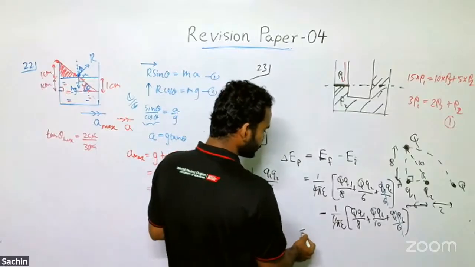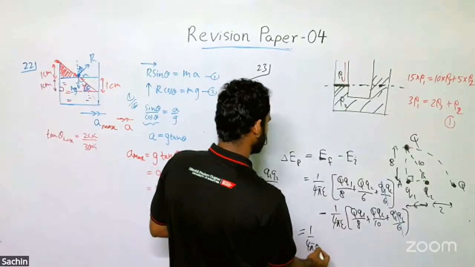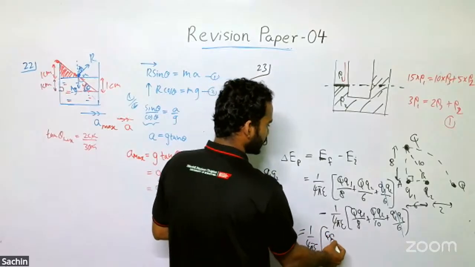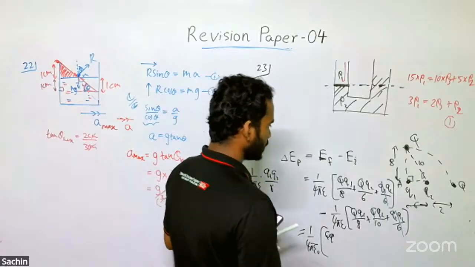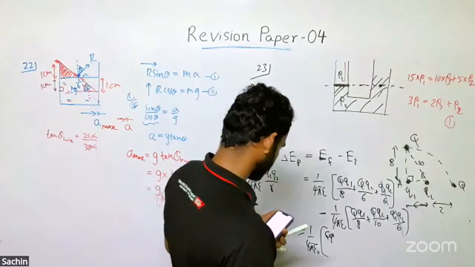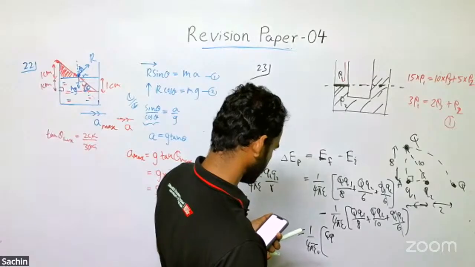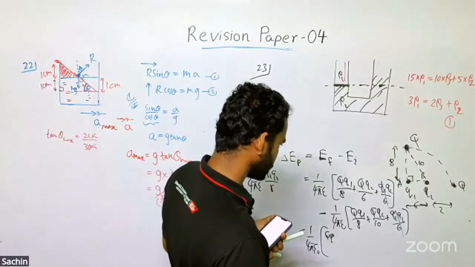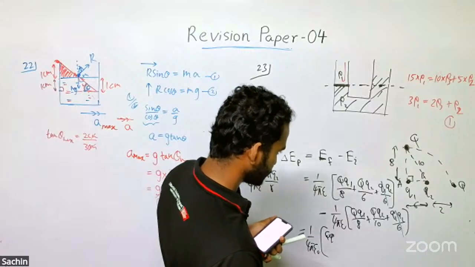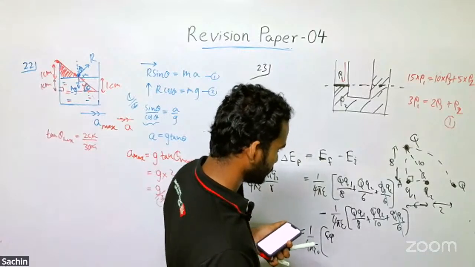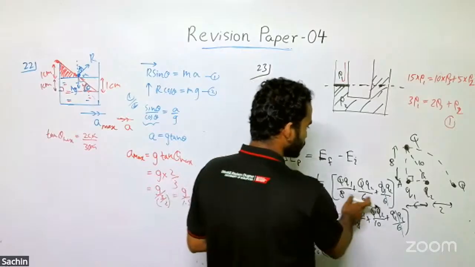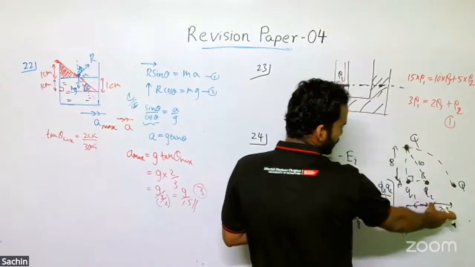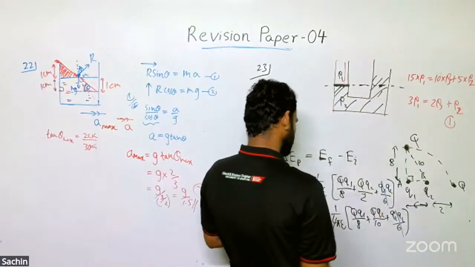Again, 1 over 4 pi epsilon. Initially this should be 2. So between Q2 and Q, the distance is 2, so this should be 2.